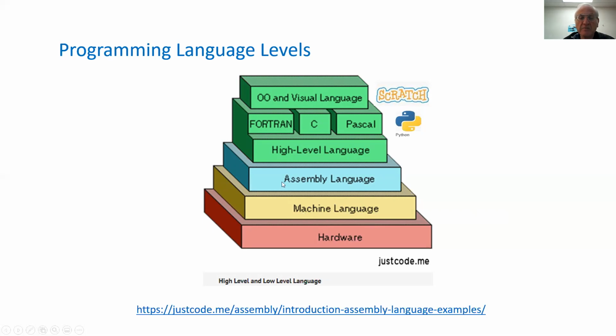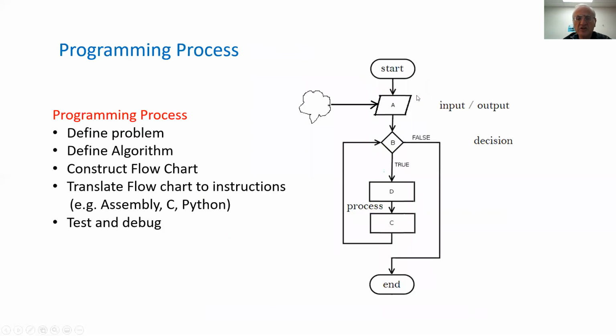Then the assembly language is a language which is written by the programmer and downloaded into the microcontroller, and it's converted into the machine language. Then there are higher level languages like Fortran, C, and Pascal, and on top of it, visual languages like the MIT Scratch.